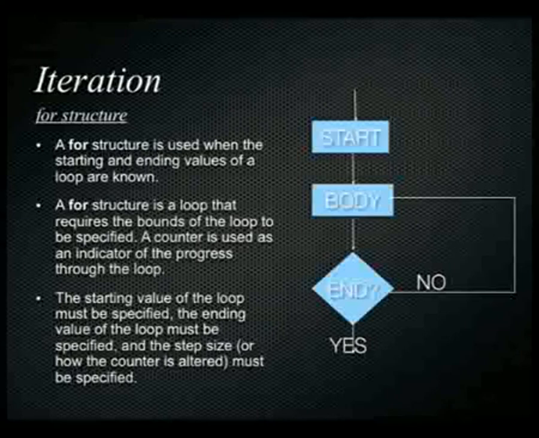We have the body, which is the chunk of statements we want to do a predefined number of times, and we have our end condition of our flowchart as well. So there are generally three sections of our for structure. And of course, as part of our body, we want to ensure that we increment our counter in some way, or decrement it, or do something with it, depending on what the application defines, because eventually we're going to want to exit this structure.